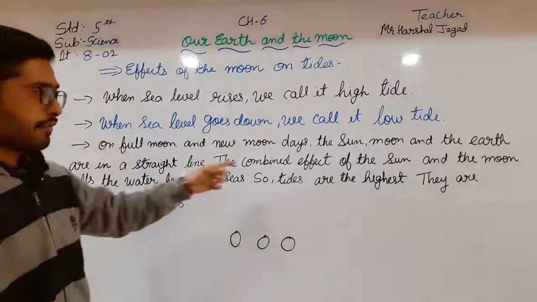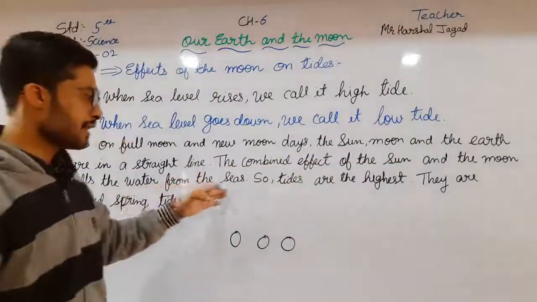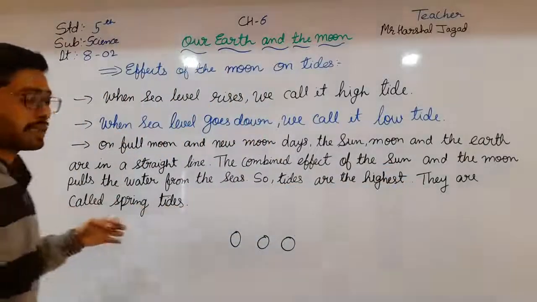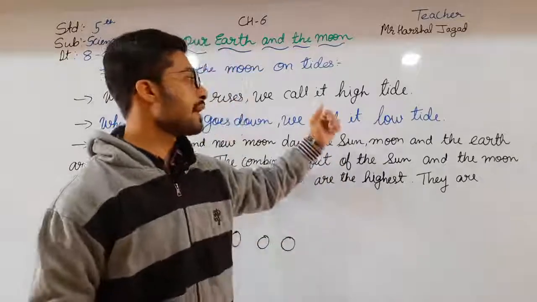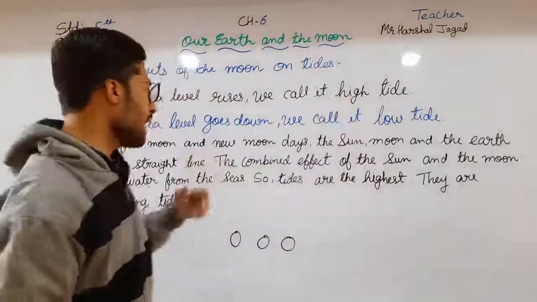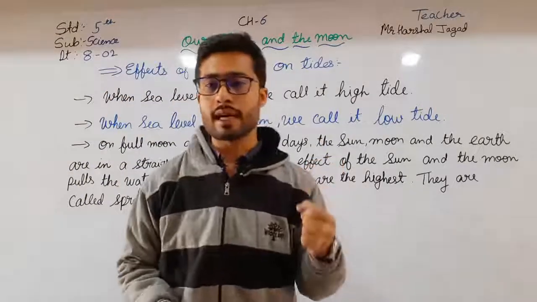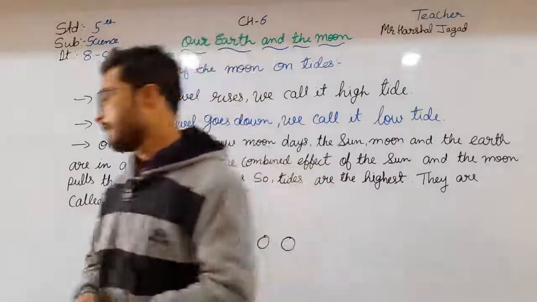The combined effect of the sun and the moon pulls the water from the sea. So the tides are the highest. They are called the spring tides. It can also be asked what is high tide, what is low tide, and what is spring tide. Then you should know that this is high tide, this is low tide, and this is spring tide.